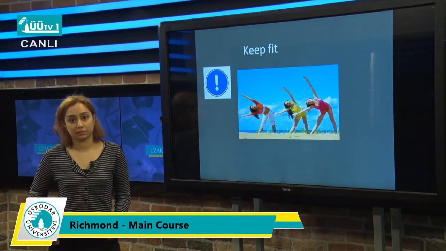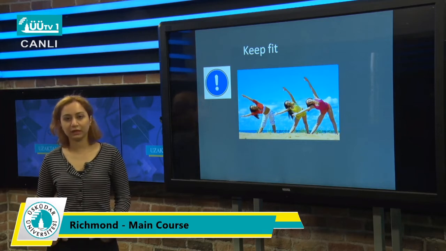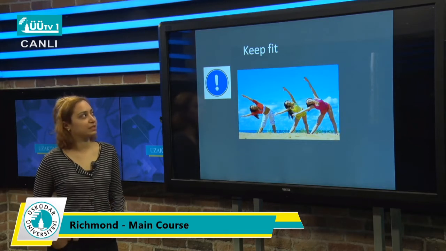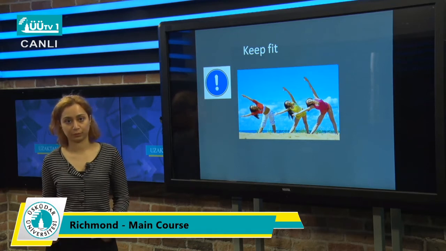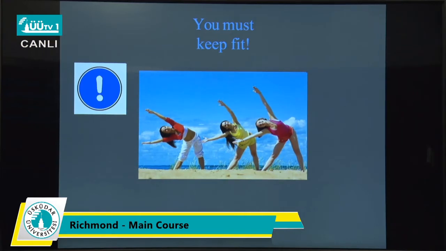Let's look at some more examples. Keep fit. Do you think we should use it with must or have to? Let's see. You must keep fit because it's an opinion, it's a feeling.